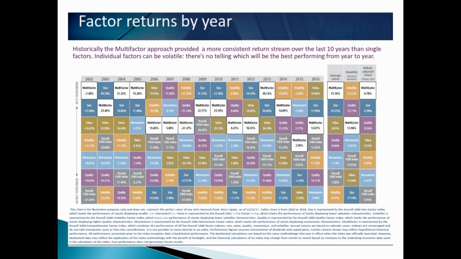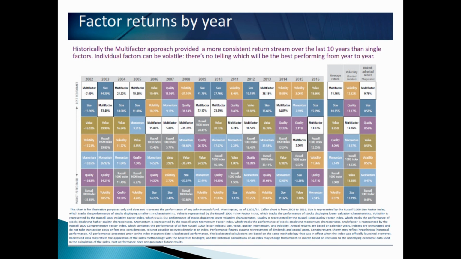So one reason for the advent of these multi-factor funds, I'd mentioned earlier that factors can have very long periods of underperformance. So multi-factor funds are a little more nimble to potentially shift their weights somewhat between one factor and another. Now you can see on this chart of factor returns by year a reason for that.